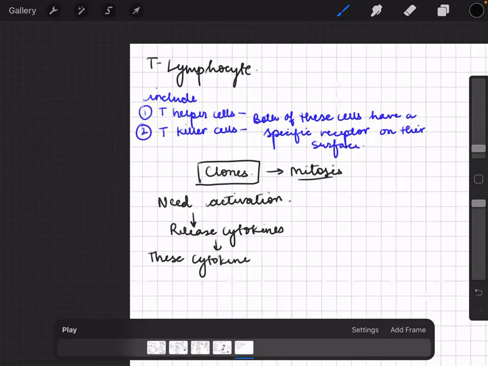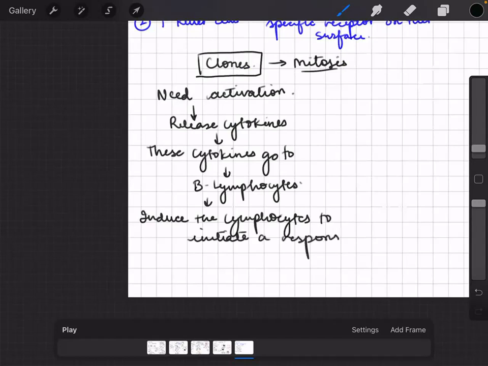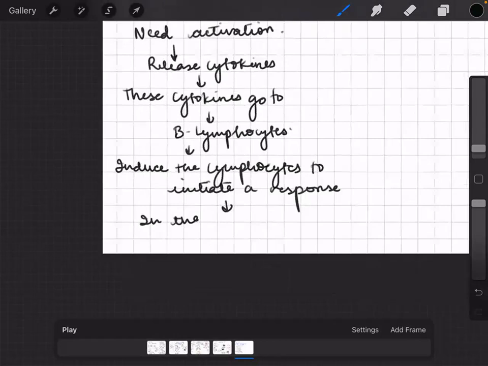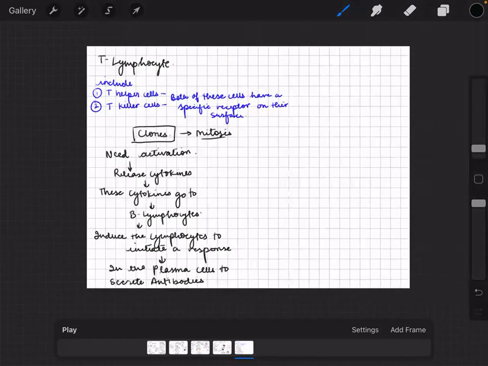These cytokines go to B lymphocytes, induce the B lymphocytes to initiate a response in the plasma cells to secrete antibodies.